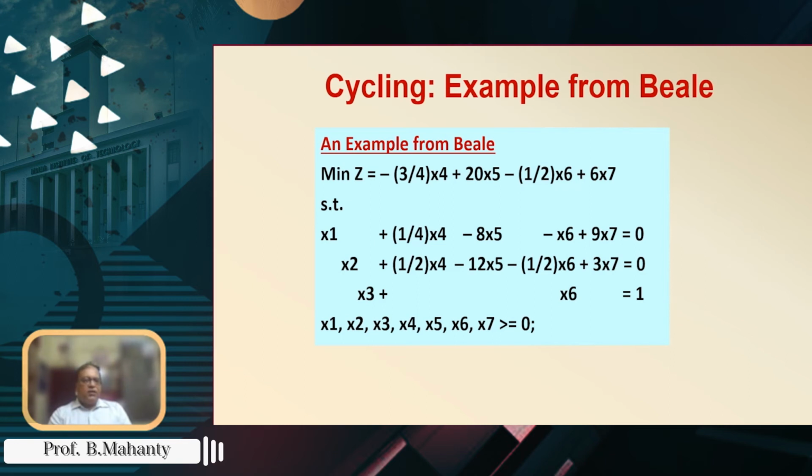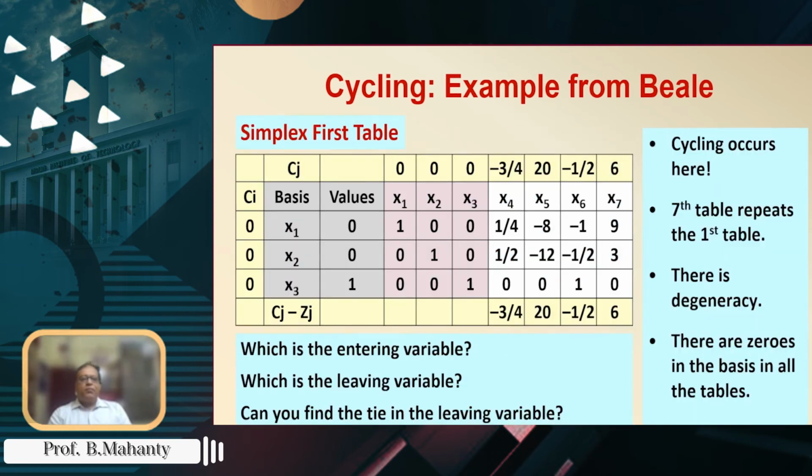All right, because these x1, x2, x3 have values, and if you look at the values, x1 is 0 and x2 equal to 0. That means the solution represented is degenerate, isn't it? So you see what is happening: x1 equal to 0, x2 equal to 0, x3 equal to 1, and x1, x2, x3 form the unity matrix.